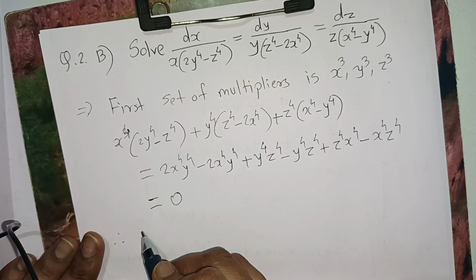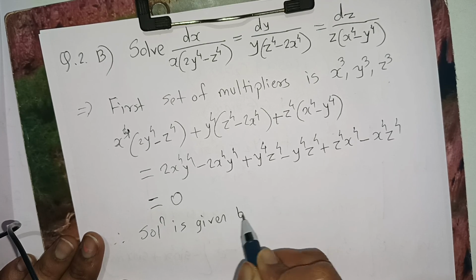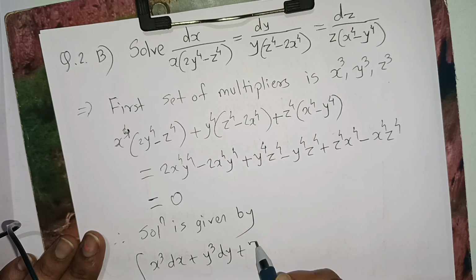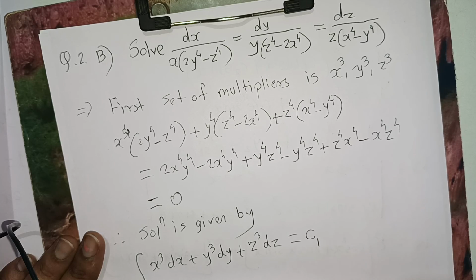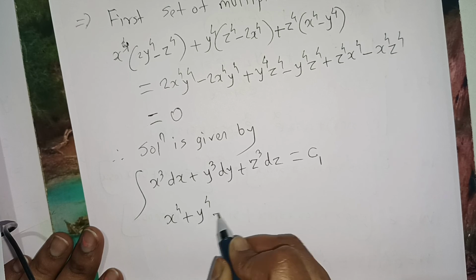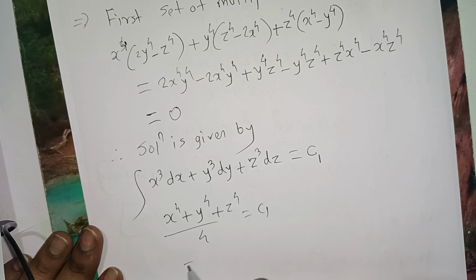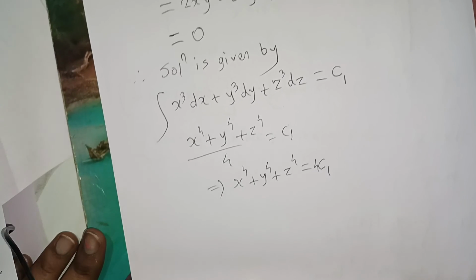Hence the solution is given by integration of x cube dx plus y cube dy plus z cube dz is equal to c1, that is x raised to 4 plus y raised to 4 plus z raised to 4 divided by 4 is equal to c1, which implies that x raised to 4 plus y raised to 4 plus z raised to 4 is equal to 4c1. This is your first solution.